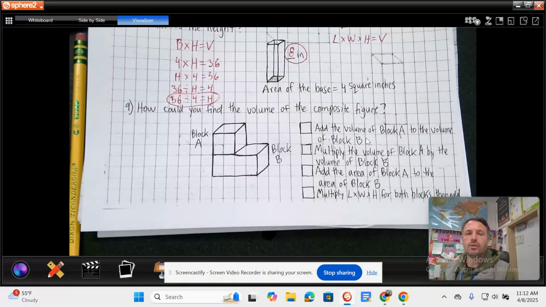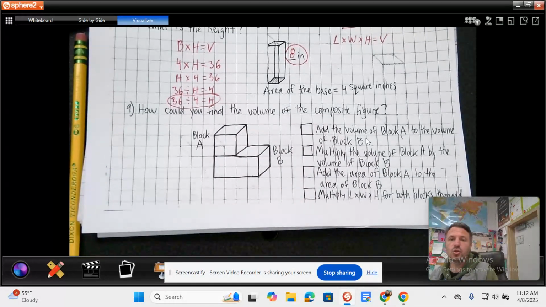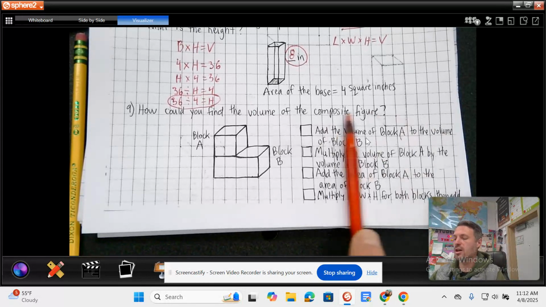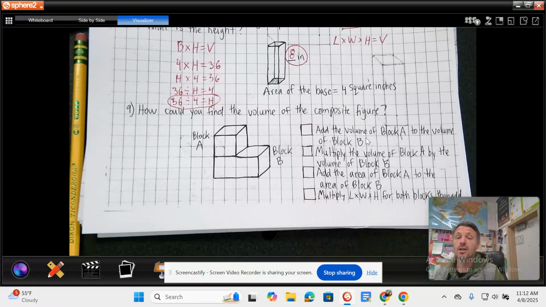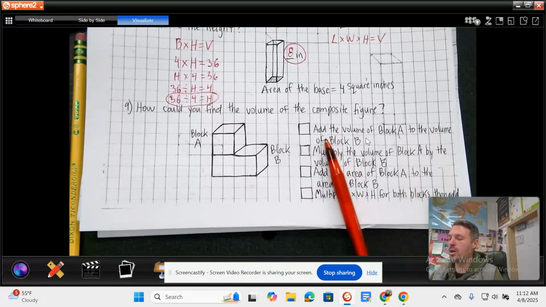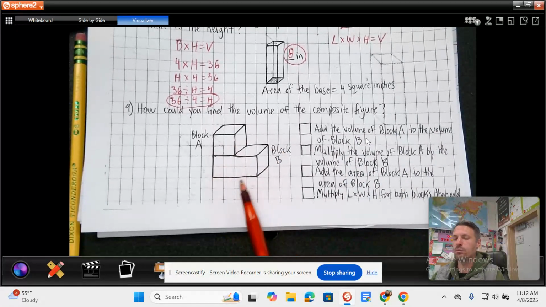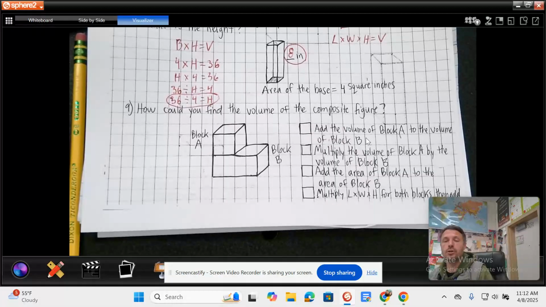How could you find the volume of the composite figure? It doesn't give us any of the numbers. It just says block A and block B. So we don't have to actually find the volume. We just have to check on each one of these that would give us the volume if we did have the numbers. It says add the volume of block A to the volume of block B. If we had the volume of block A and we added it to the volume of block B, would that give us the total volume?